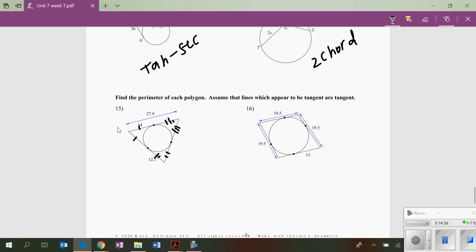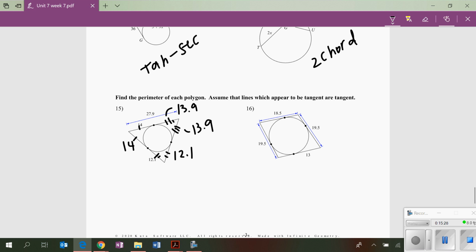They don't match up. So 14 and 14 go here. 12.1 and 12.1 go there. And if I take my 27.9 and subtract 14, I get that this value is 13.9, so this must be 13.9.